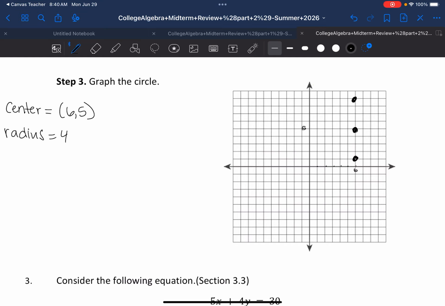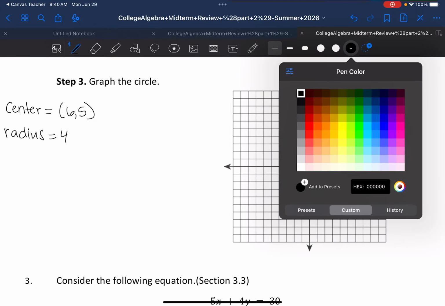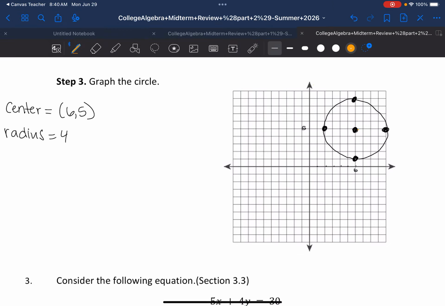Go to the right, that would be there, 4 spaces. And then to the left, 4 spaces from my center would be right here. So that is what my circle looks like with a radius of 4.